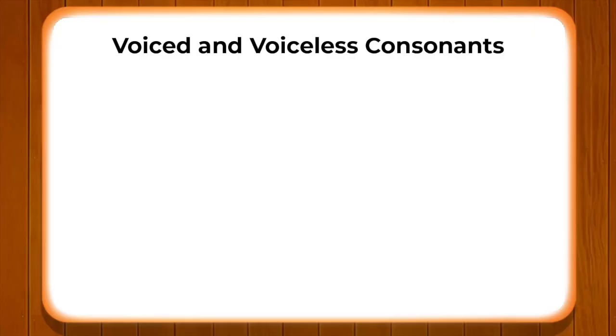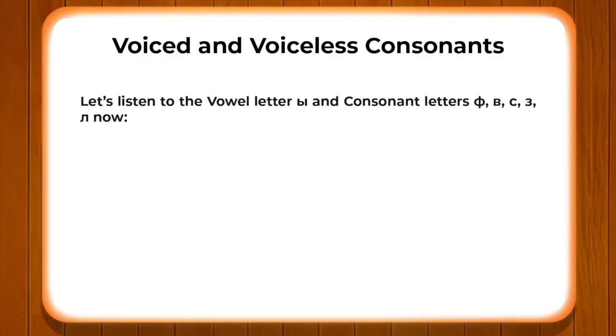If we look at the screen, we have certain consonants, for example the letters F, V, S, Z and L. But at the same time, we are also going to talk about a very specific letter of the Russian alphabet, U. If you remember, in the previous module we discussed the letter U, which can be found in a Russian word like riba.